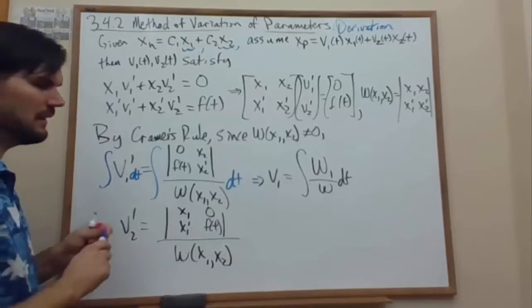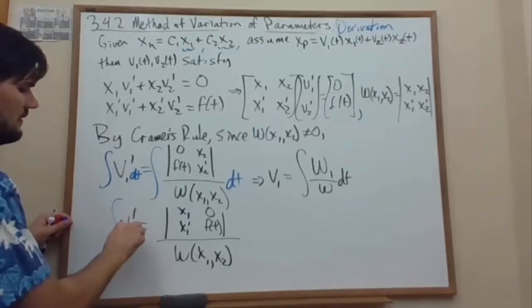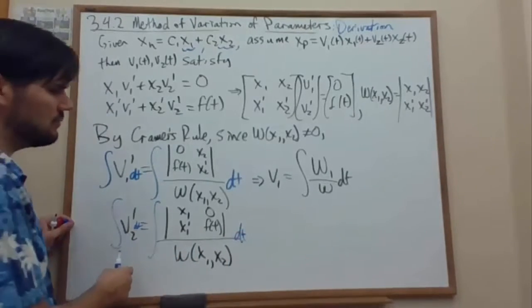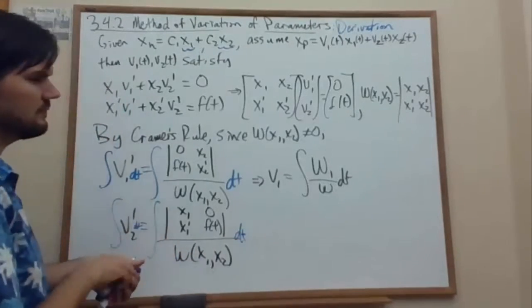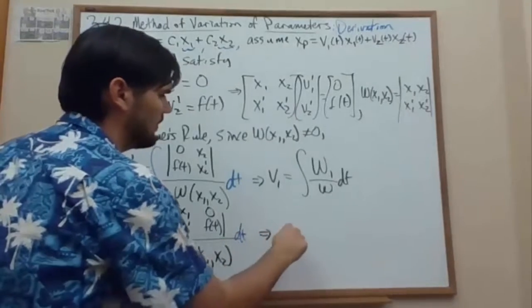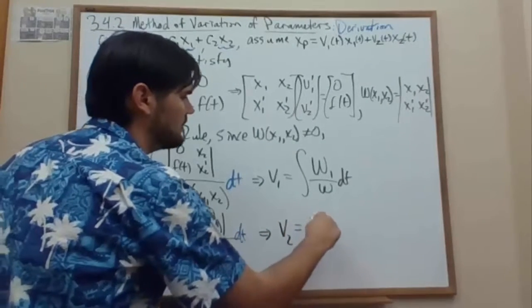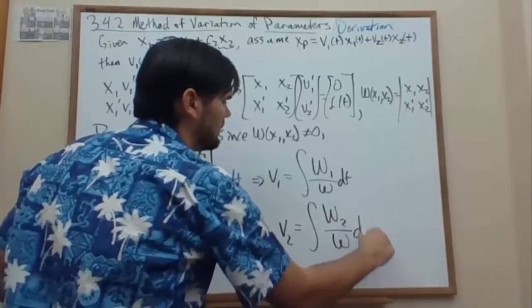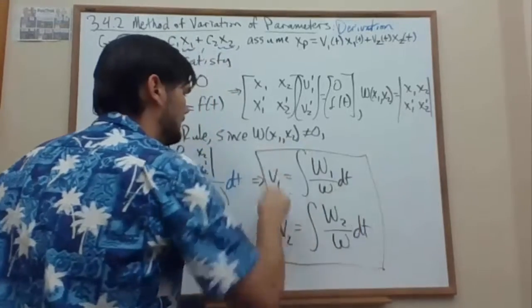And so, again, by integration, we undo our derivative on v2 prime, and we get the form of our solution: v2 is equal to the integral of w2 over w dt.